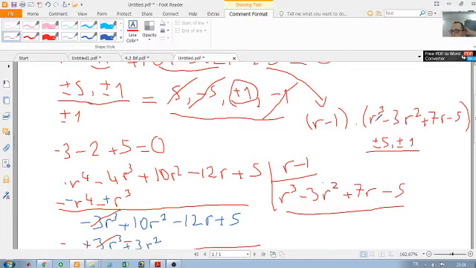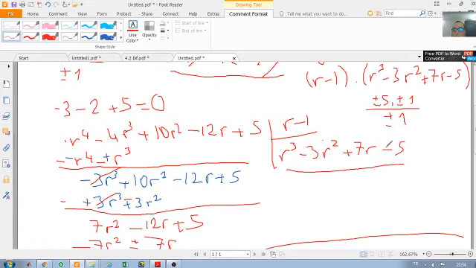So we have r cubed here, and the factors of the coefficient of this term are plus 1 or minus 1. Okay. And again we have 4 possibilities for the roots of this second factor: plus 5, minus 5, plus 1, minus 1.